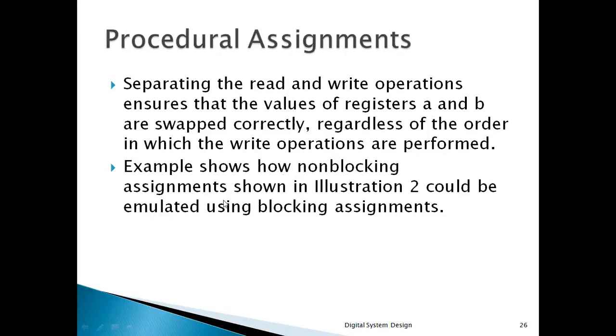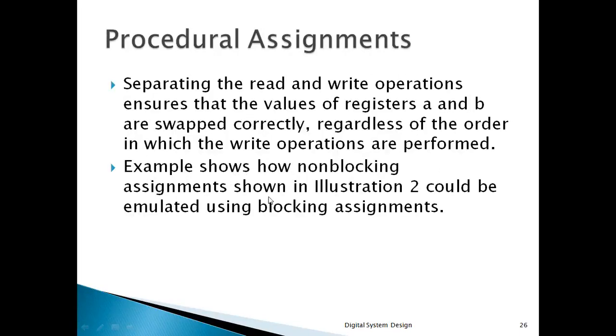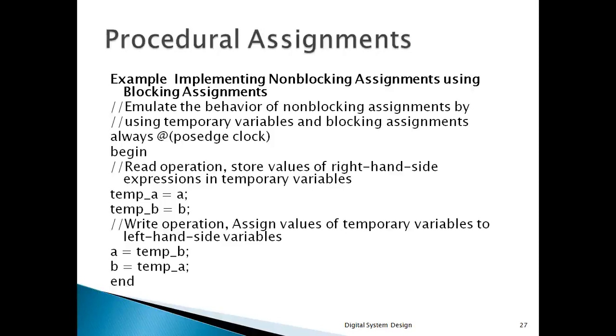This example shows how non-blocking assignments in illustration 2 could be emulated using blocking assignments. This means that if we want to swap the values properly using blocking assignments, then we have to use a temporary variable.